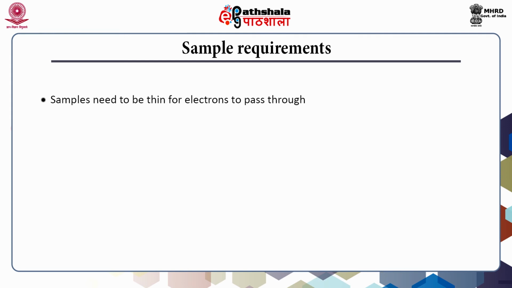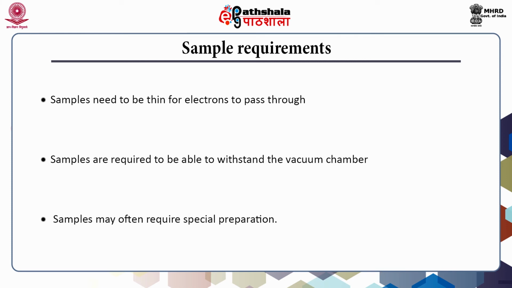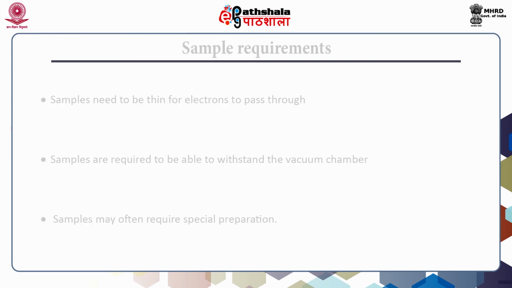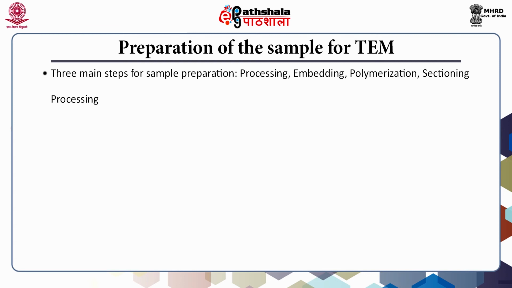Sample needs to be thin for electrons to pass through. Samples are required to be able to withstand the conditions of vacuum. Samples may often require special preparation. Three main steps for sample preparation are processing, embedding and polymerization.